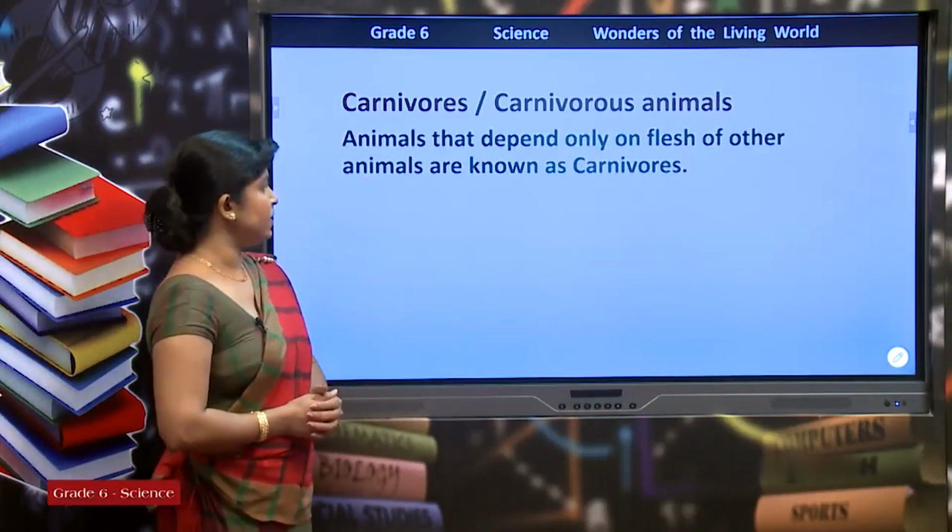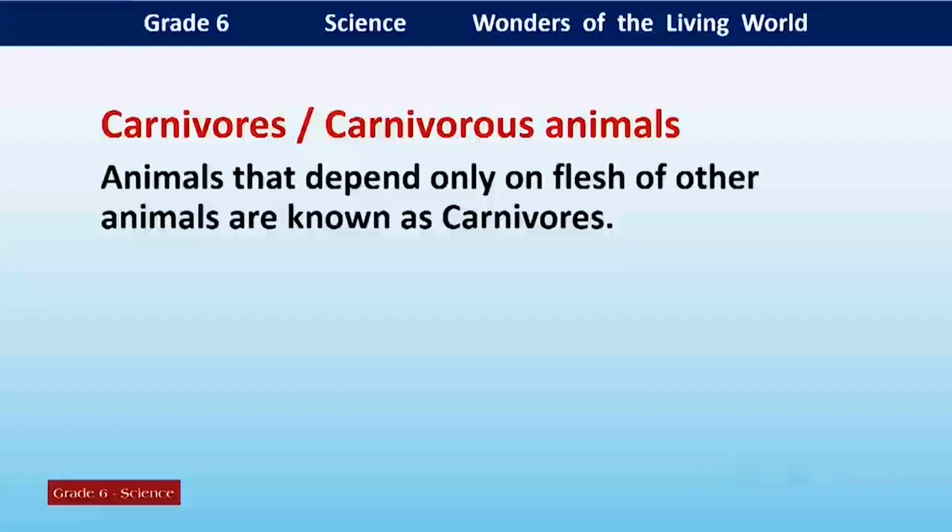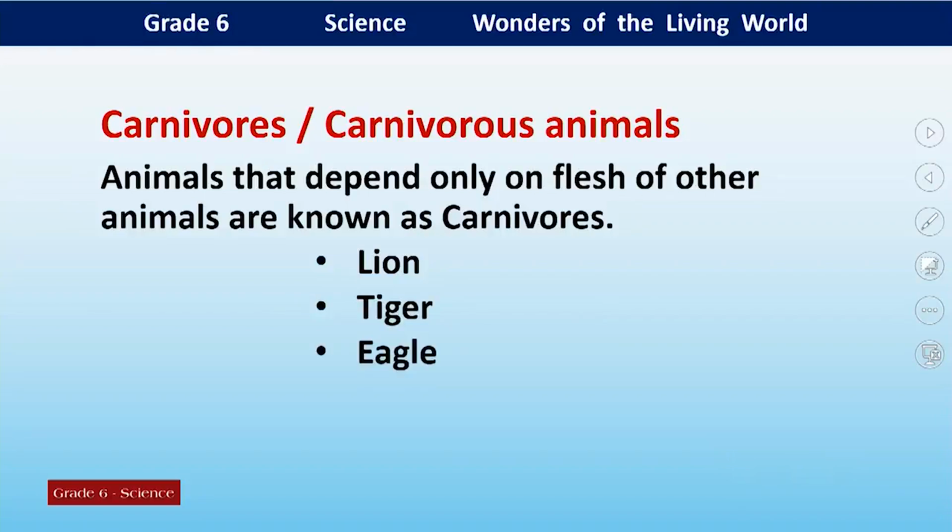Animals that depend only on flesh of other animals are known as carnivores or carnivorous animals. Let's take some examples for carnivores or carnivorous animals. Lion, tiger, eagle. Those are the examples for carnivorous animals.